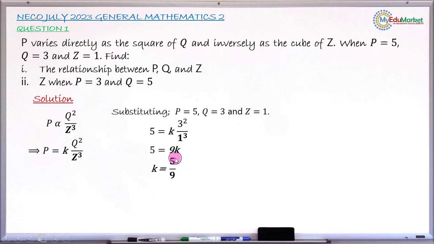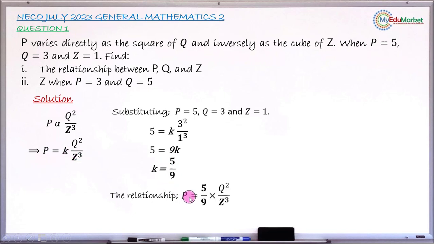So having obtained your K, you go back to this formula and replace K by 5 over 9. That will give you the answer to Roman 1, that is the actual relationship between P, Q, and Z. So simply replace K by 5 over 9 in this formula.